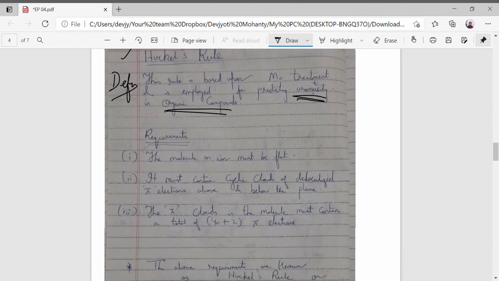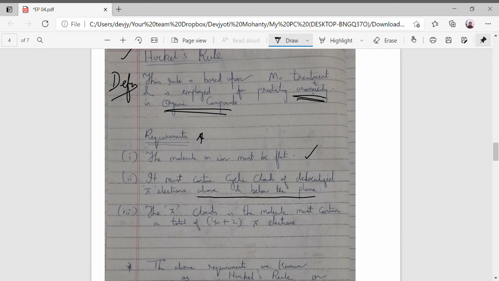Then let's move to the requirements. The molecule or the ion must be of flat shape. It must contain cyclic clouds of delocalized pi electrons above and below the plane. Same as in benzene, where we saw pi electrons delocalized around the ring above and below the plane.